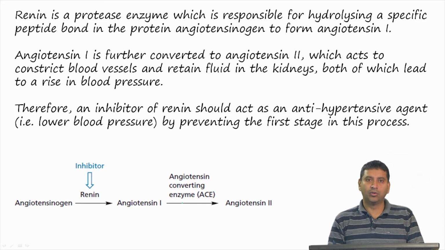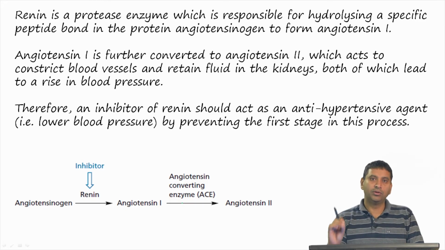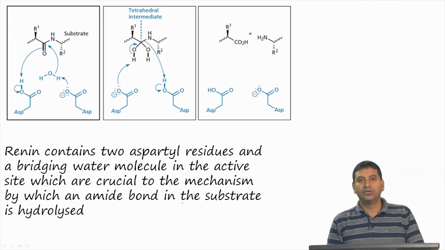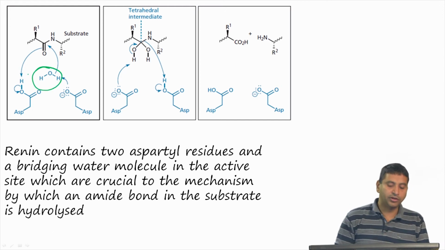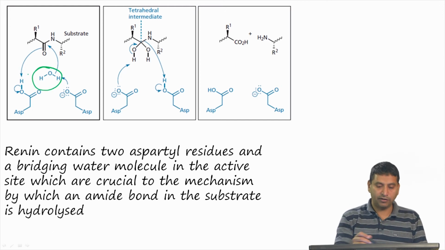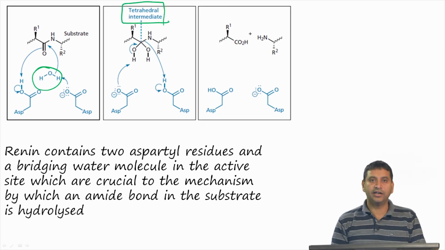I will not go into too many details because we have already looked at it in class, but essentially what we are looking at here is to design a compound that is going to prevent the hydrolysis of a specific peptide bond. If we look at how a peptide bond is hydrolyzed, the mechanism that is proposed here is that water attacks this and forms a tetrahedral intermediate, and this tetrahedral intermediate then collapses and gives you the product.